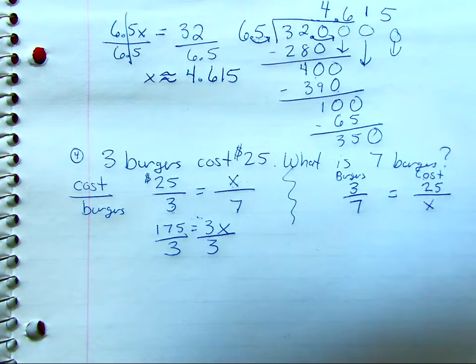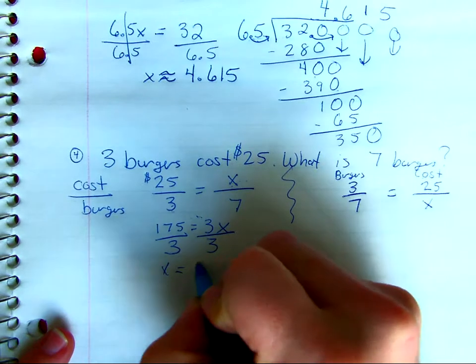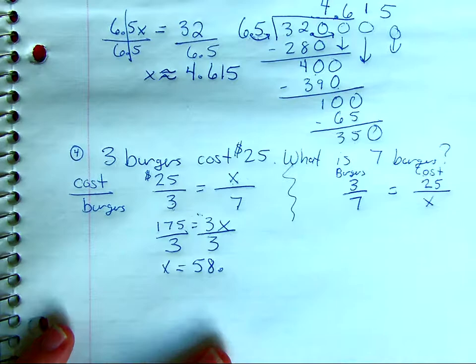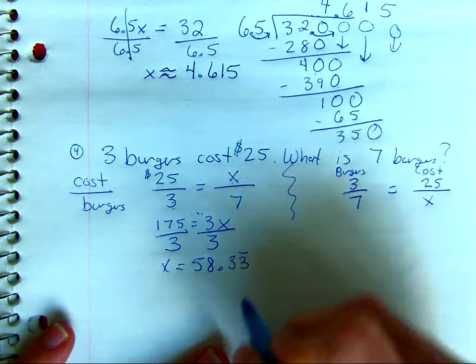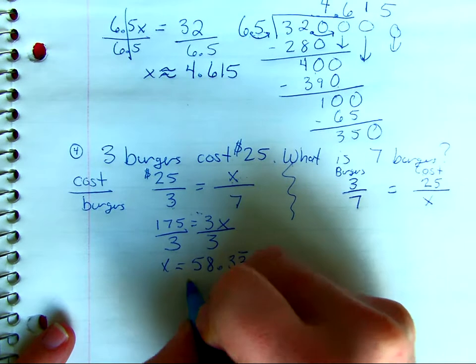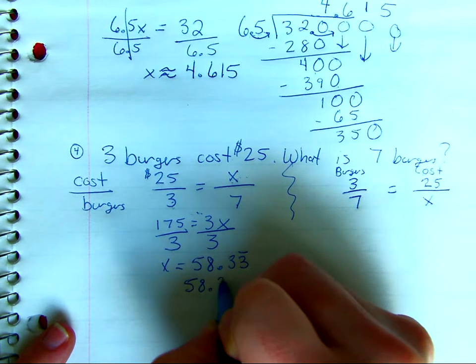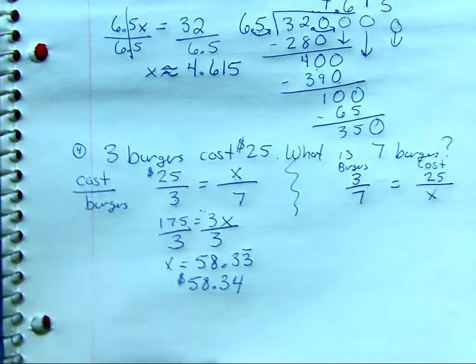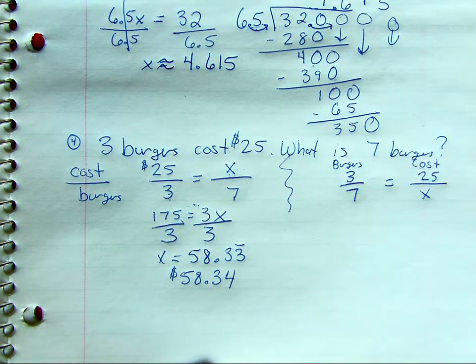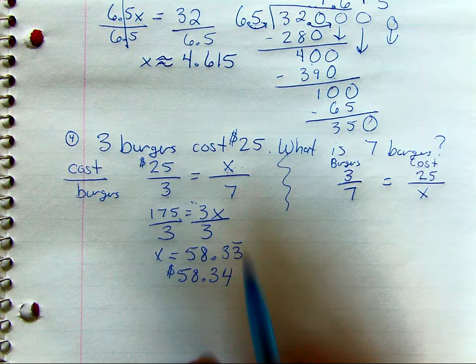And that's going to give me x equals 58.33 repeating. So it's going to be about $58.33. The store might actually charge you $58.34. So that's another way you could do it.